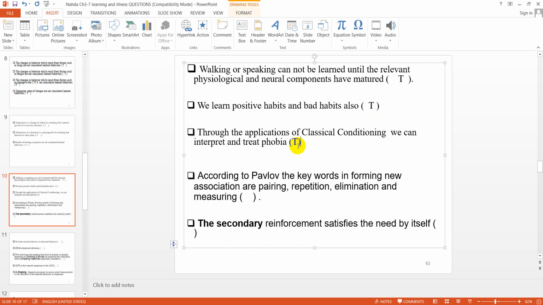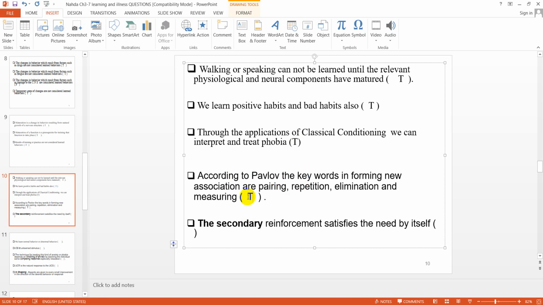According to Pavlov, the key words in forming a new association are pairing, repetition, elimination, and measuring. Yes, sure. These are the four keywords, according to Pavlov's theory, of how the association could be formed.